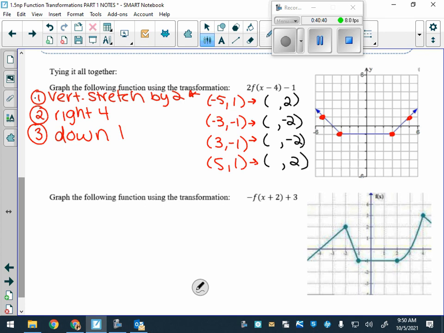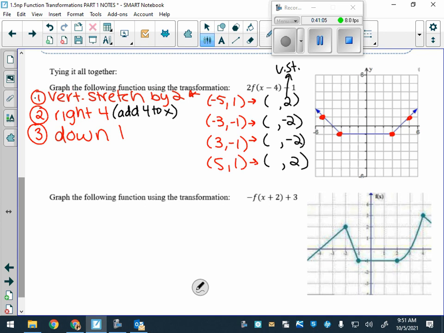Okay. So right now, what we just did is took care of the vertical stretch. Now, if I'm moving to the right 4, what am I doing to x? Right 4, adding 4.